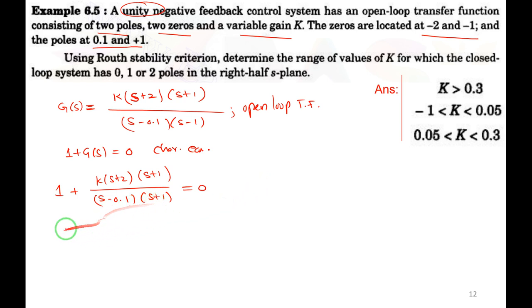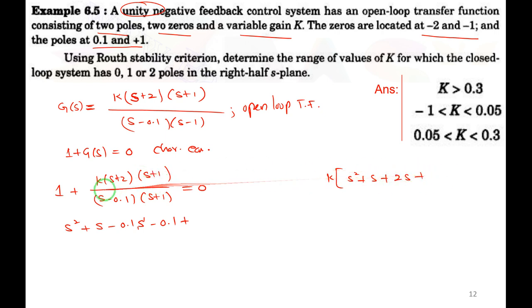So just multiply: s into s square, plus s into 1, 1s, minus 0.1s, and 1 into 0.1, so minus 0.1. Plus we'll multiply k, which we keep separate outside. Let me multiply s plus 2 into s plus 1 and write it here: s square plus s plus 2s plus 2.